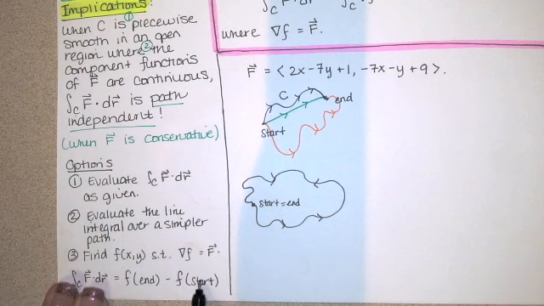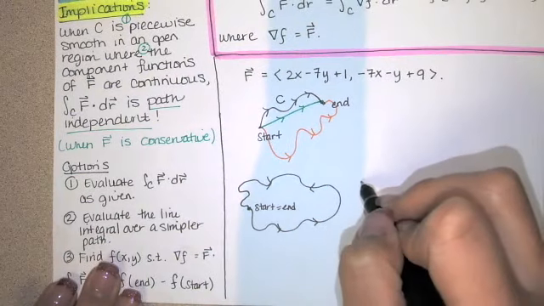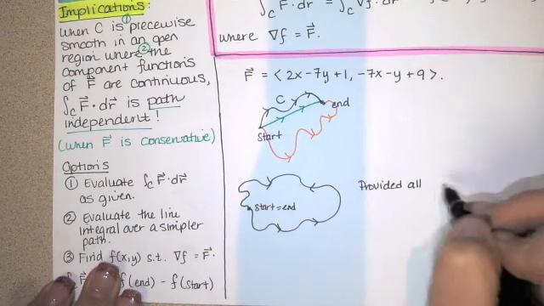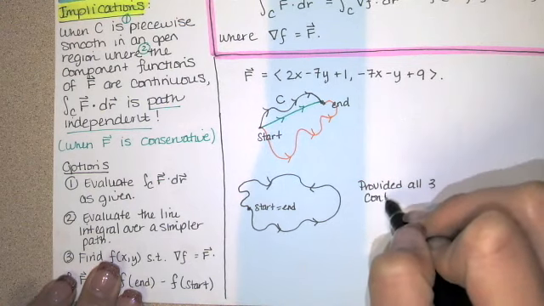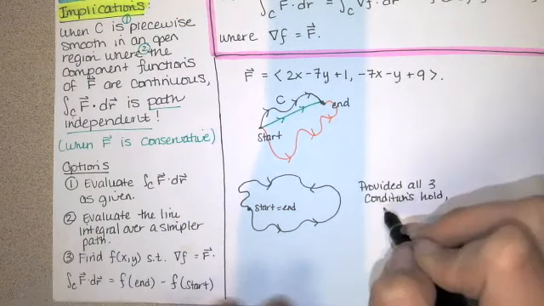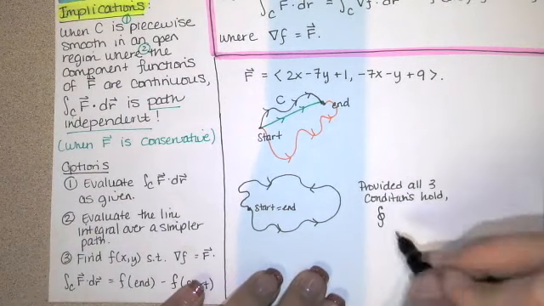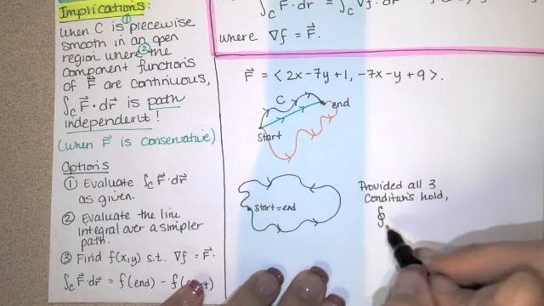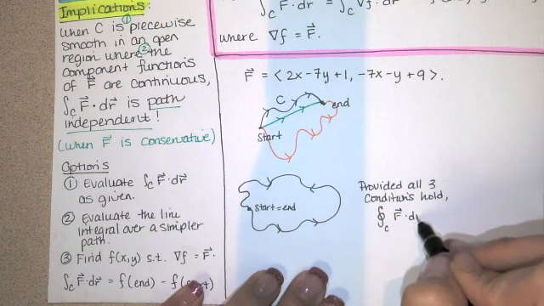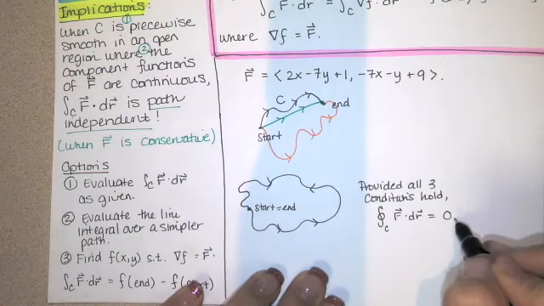So f at the end point and f at the starting point are the same, and then you end up subtracting them and you will get 0. So we'll say provided all 3 of our conditions hold, the line integral over a closed curve, usually we denote it that way, little circle just means that the curve is closed, that's just going to be 0.